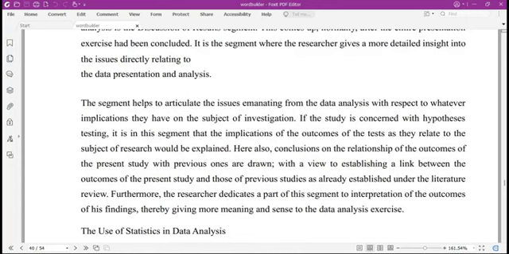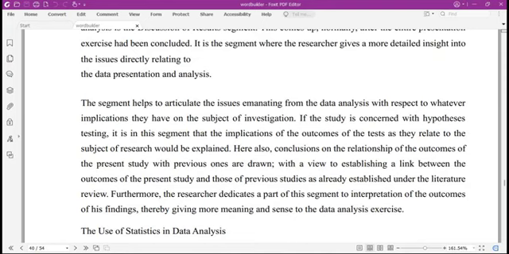So it is in this section, after getting your data, that the implications of the outcomes of your work will be explained. You have to explain everything, because at the end it's going to affect your conclusion. Here also, conclusions on the relationship of the outcomes of the present study with previous ones are drawn.